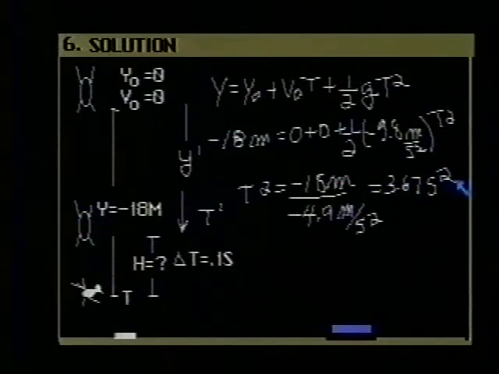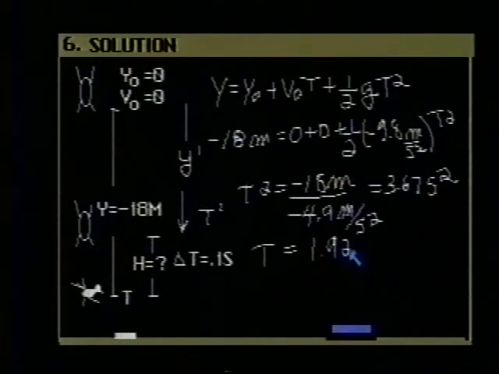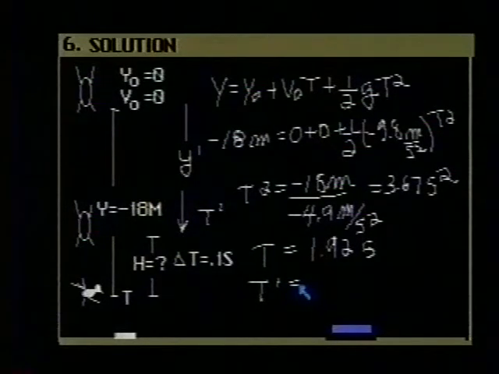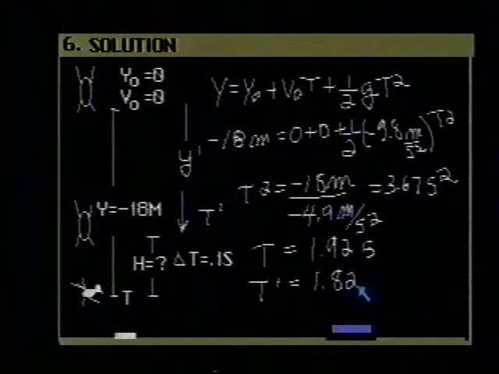If I take the square root of that, we'll get that the time is 1.92 seconds. Now, t prime would be 1/10 of a second less than that, or simply 1.82 seconds.